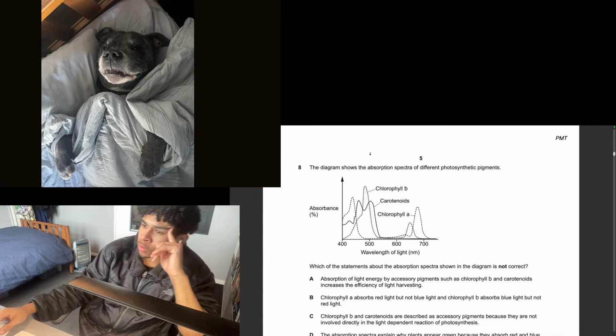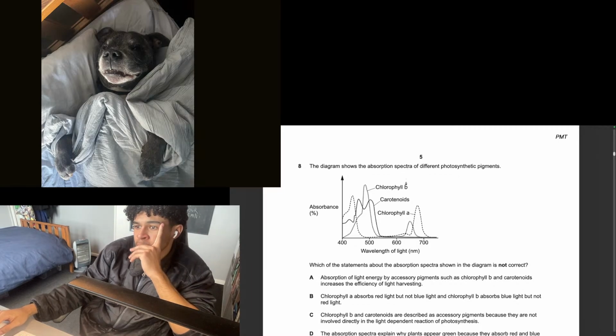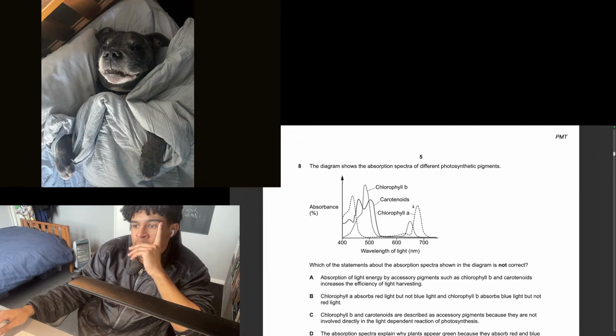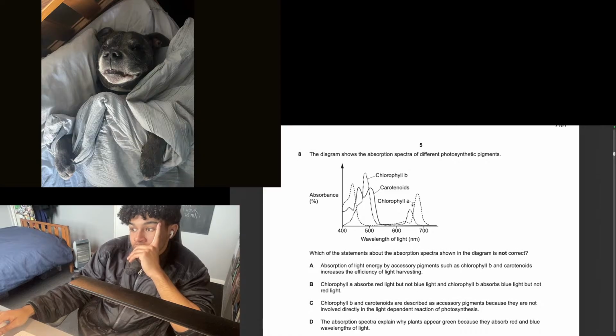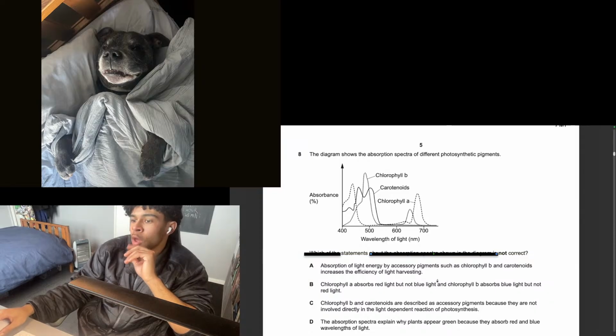Zoom out. The diagram shows absorption spectra of different photosynthetic pigments. Which is a statements. Oh, there's multiple statements in one. So I would just cross out statements that are not correct.